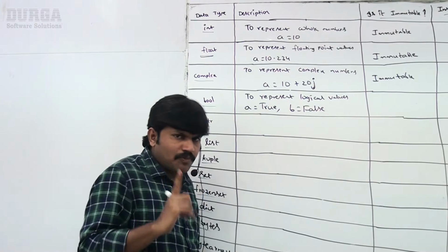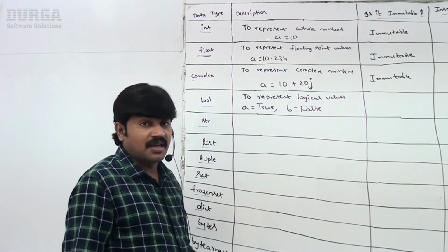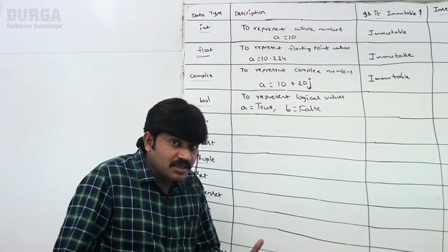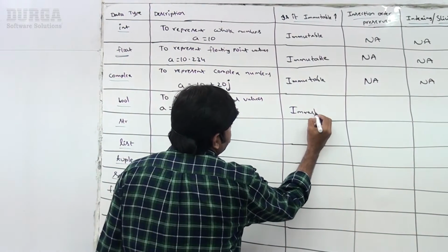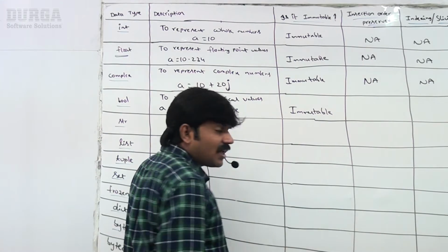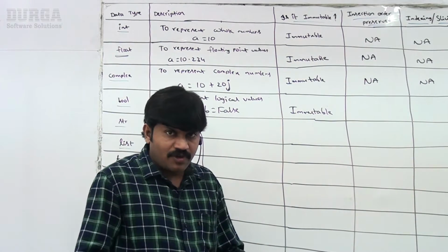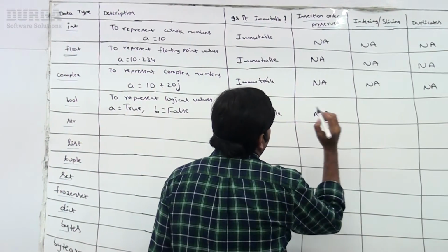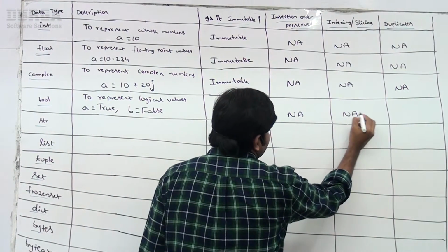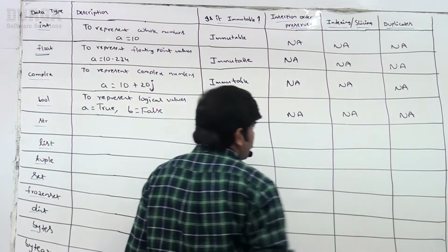These are the only possible values for boolean. Is a bool object immutable? Yes, obviously all fundamental data type objects are immutable. It is also a single value, either True or False, so where is the question of order, indexing and so on? Order, indexing and duplicates are not applicable.